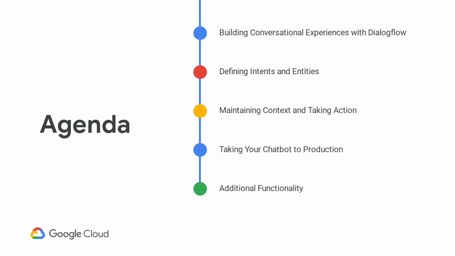To achieve the learning objectives discussed, the Building Conversational Experiences with Dialogflow course consists of these 5 modules: building conversational experiences with Dialogflow, defining intents and entities, maintaining context and taking action, taking your chatbot to production, and additional functionality.